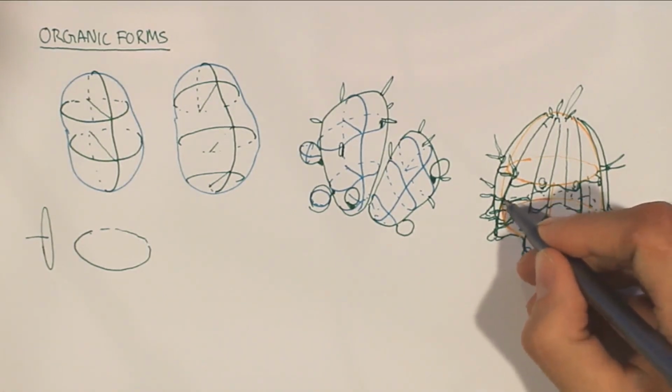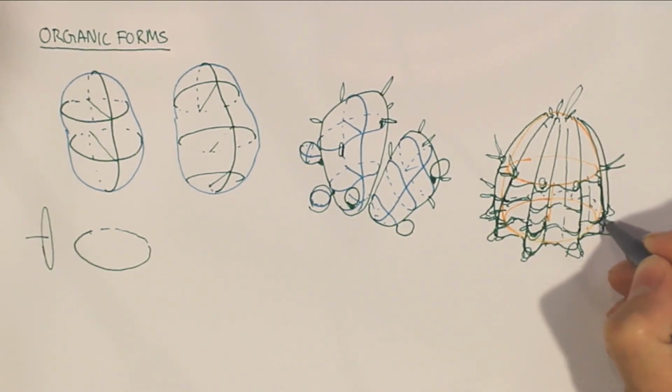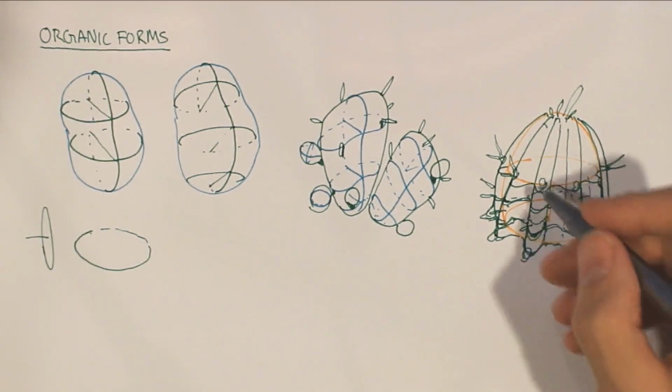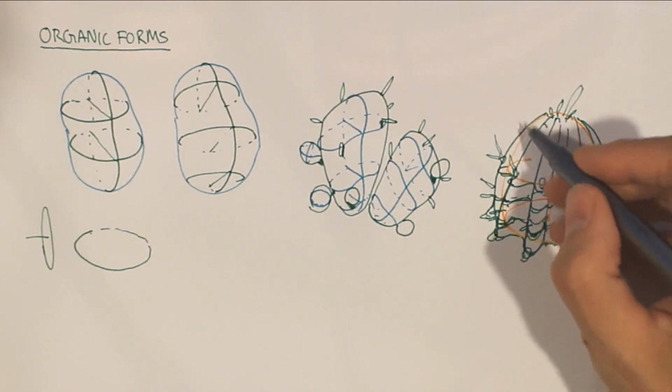Just imagine making that cross section again. Anywhere there's overlap, like here, it's good to just thicken up that line weight. It sells that overlap a bit more.